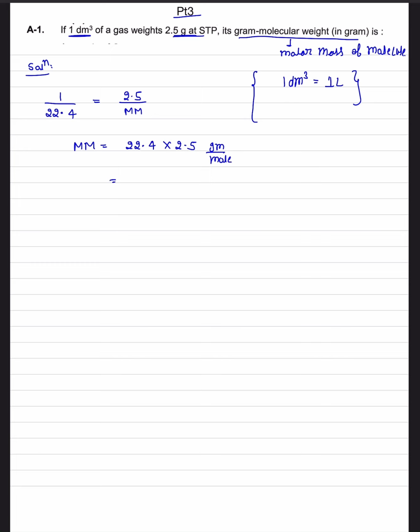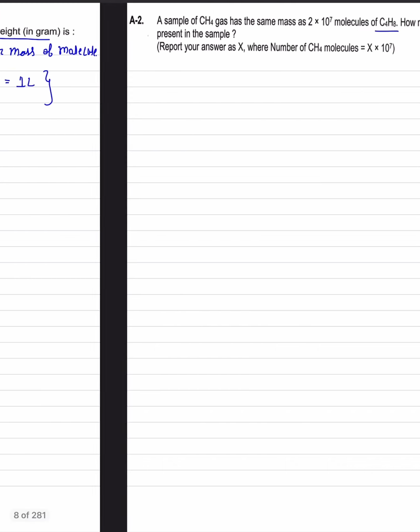And now I hope you can solve this one and you will get the answer. Clear? So how much did you get when we multiply 22.4 with 2.5? So this is 56 gram per mole. That will be your answer. I hope this question is clear to you.